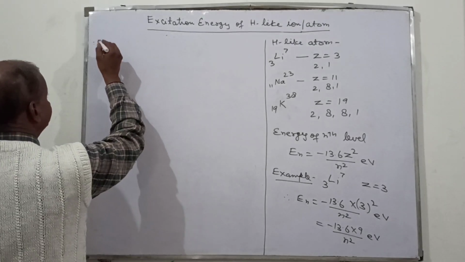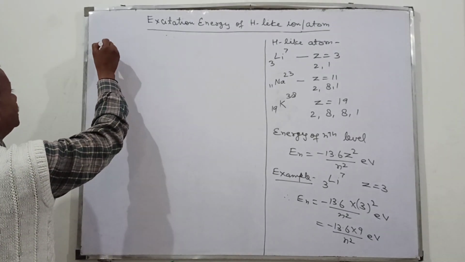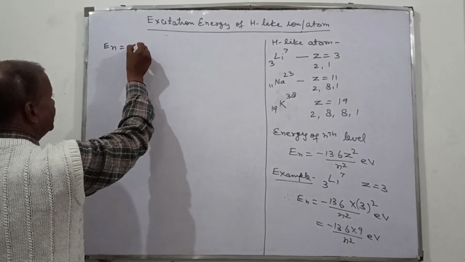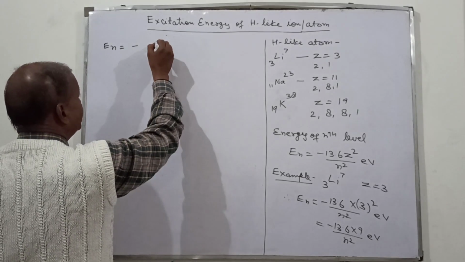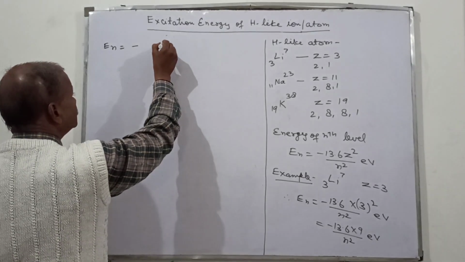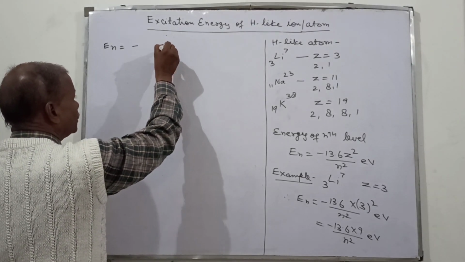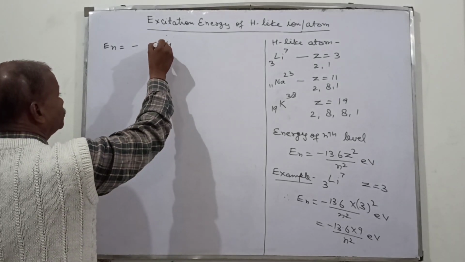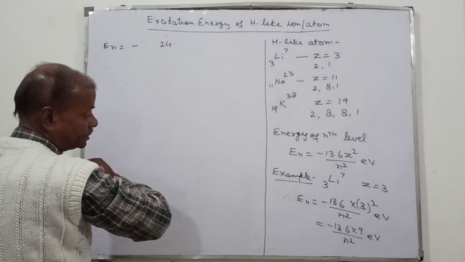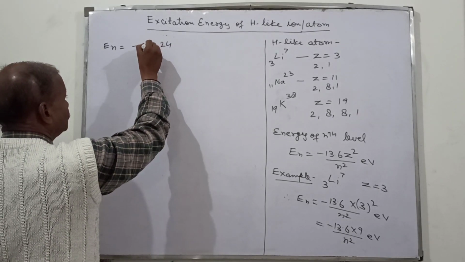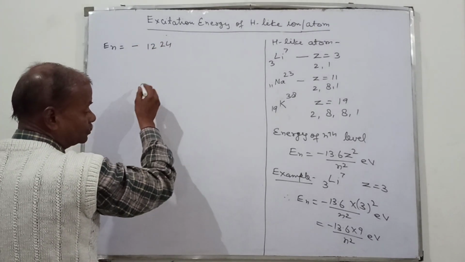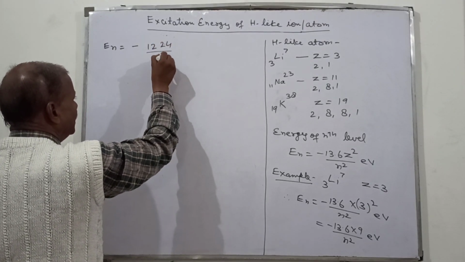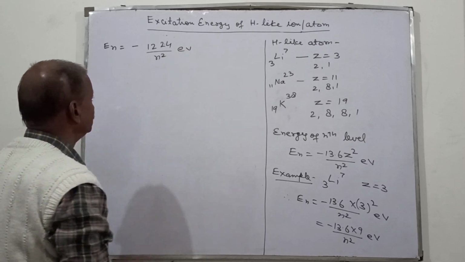So En equals minus 9 times 6 is 54, 9 times 3 is 27, and so on, giving about minus 122.4 upon n square electron volt.